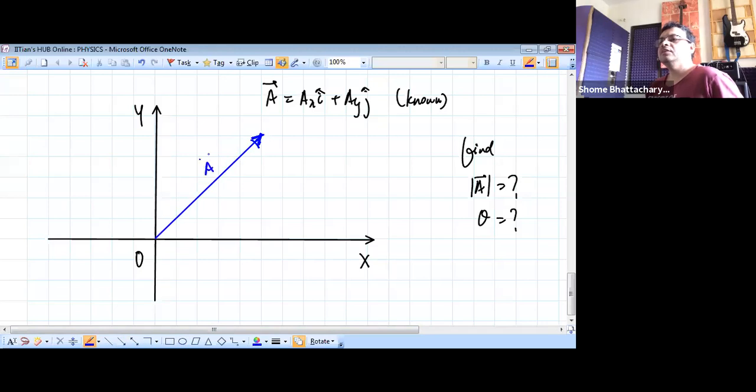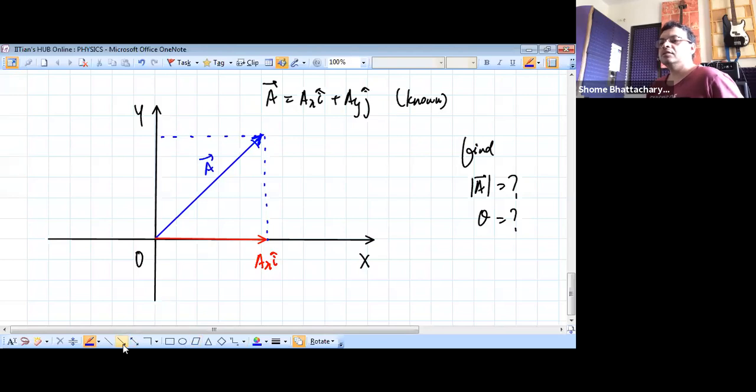So that vector E would be such that when I drop a perpendicular from this onto the x-axis, this line will be of length Ax. It's along the positive x-axis. Similarly, this one is Ay j cap, which I can also express by dropping a perpendicular onto the y-axis.